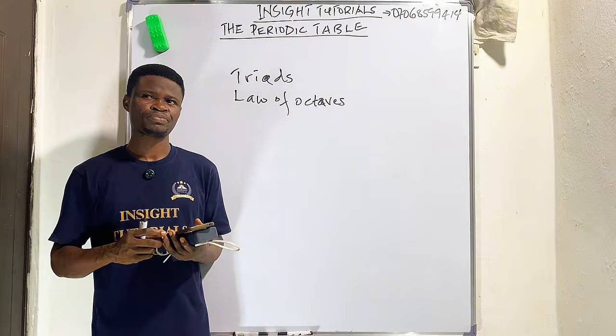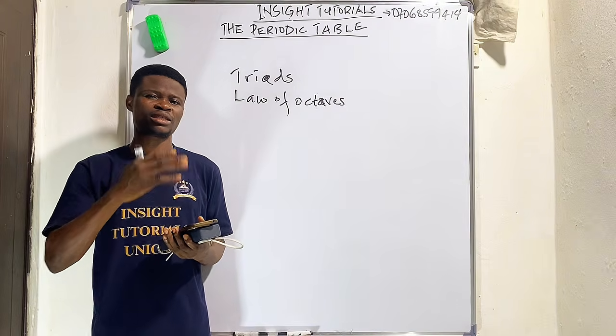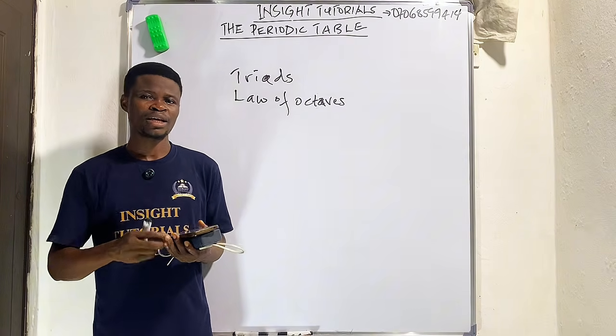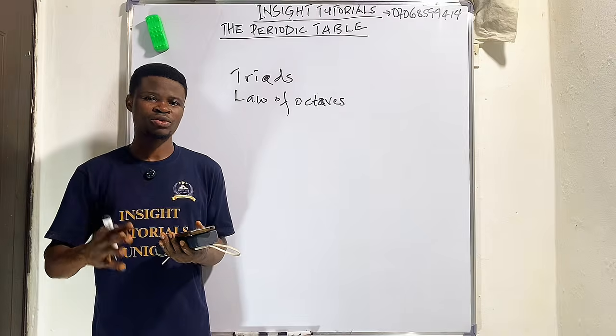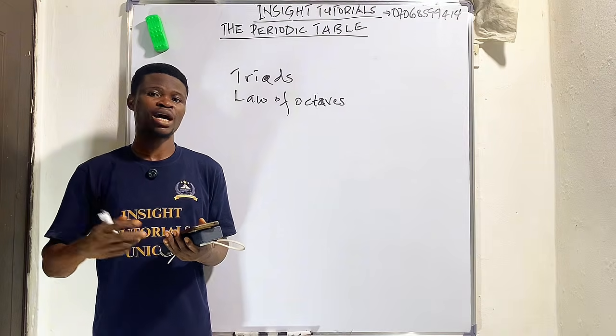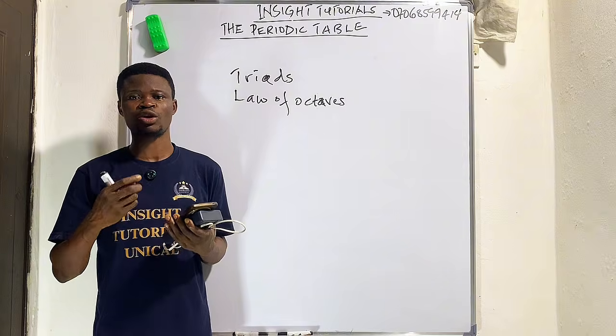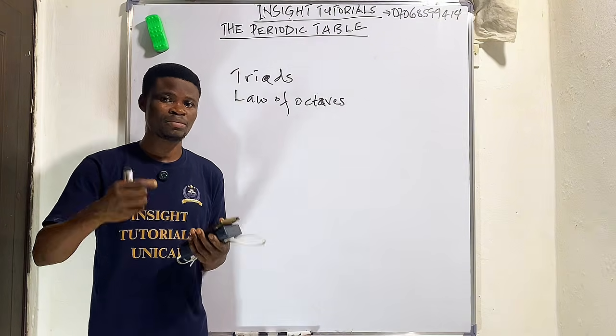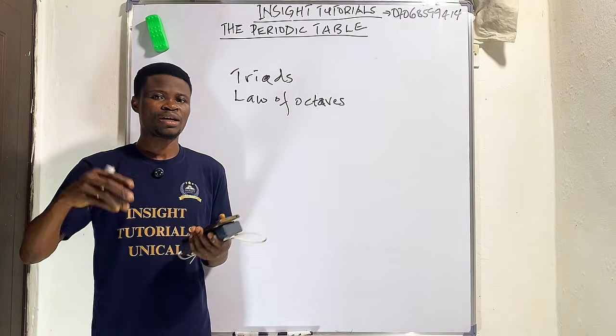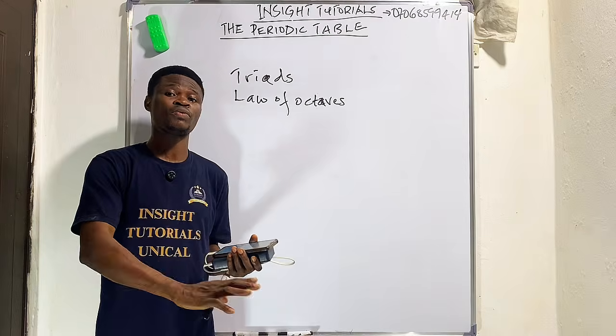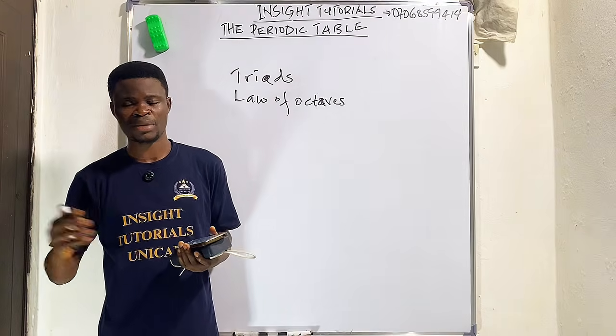He began to notice that at every 8 elements, there was a similarity in those arrangements, and so he referred to that as the law of octaves. Octave means 8, the similarity in the 8 elements he came across in the course of arranging those 62 elements.